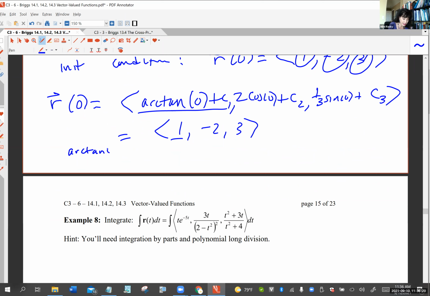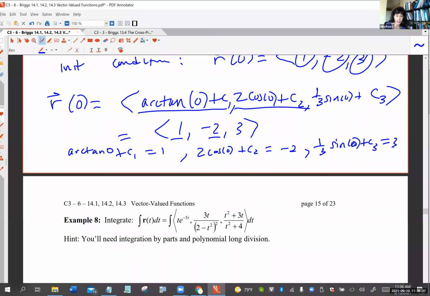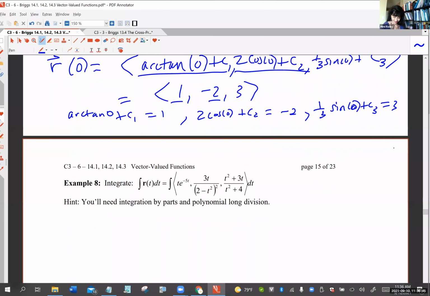That means arctan 0 plus C1 has to be equal to 1. That means I can equate the middle components. 2 cos 0 plus C2 has to equal -2. And then I also can be assured that 1/3 of sine 0 plus C3 for sure equals 3. Now go solve for C1, C2, C3, and then you can wrap up this problem and you're done.